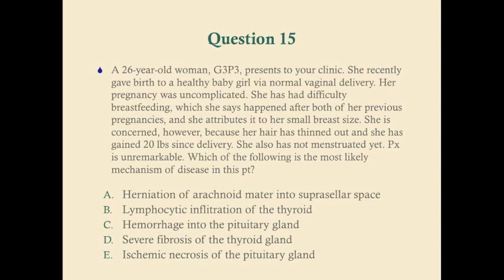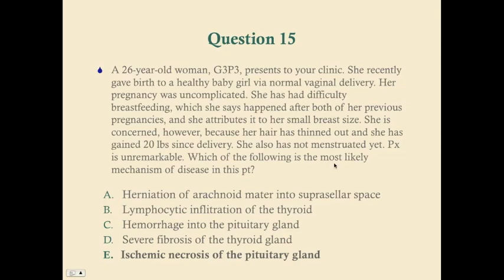Right. So the answer here is E, ischemic necrosis of the pituitary gland. So this is a patient who has hypothyroidism. She's got thin hair. She's gained 20 pounds. And she's got signs of hypothyroidism, I should say. And she's got signs of low LH and FSH because she has not menstruated, and it's 6 months after her delivery, and she's not breastfeeding.